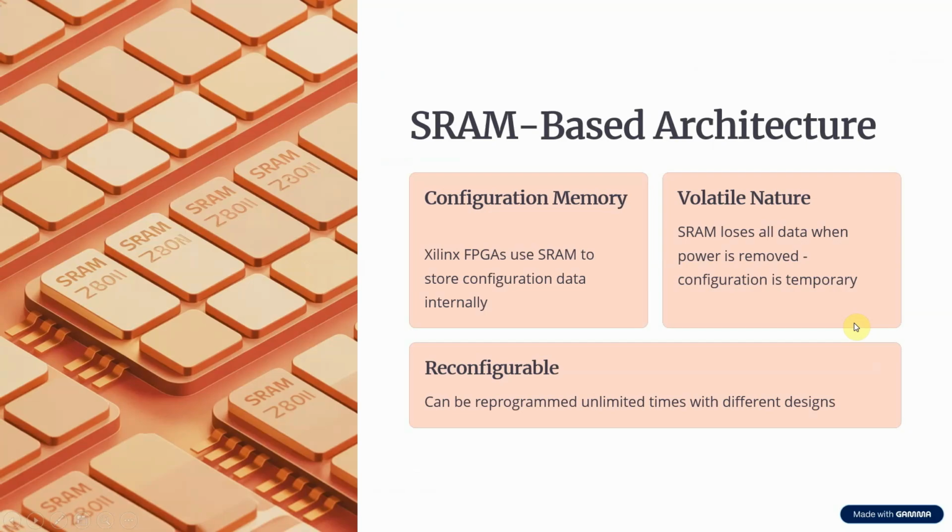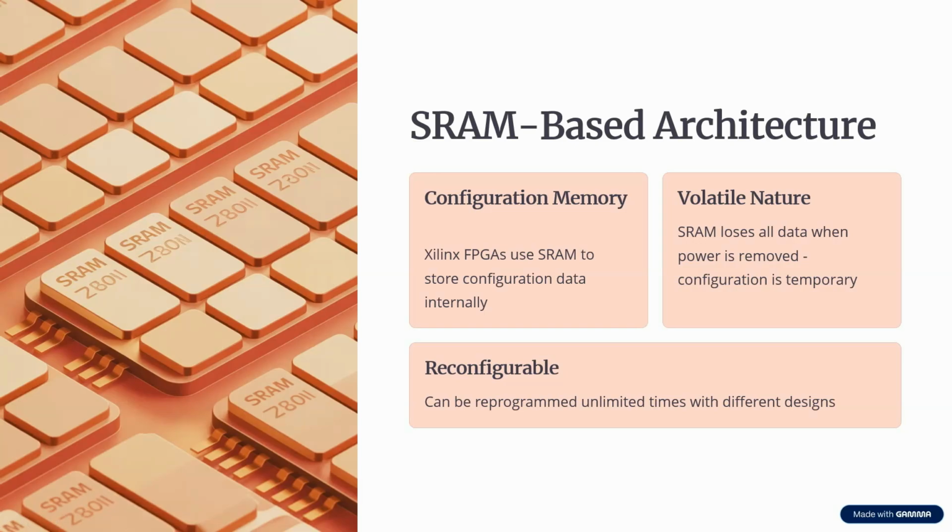Basically, in the case of our SRAM-based architecture, the FPGA uses SRAM for storing the configuration data internally. So this bit file, or bit stream, is stored inside the SRAM which is present inside your FPGA itself.